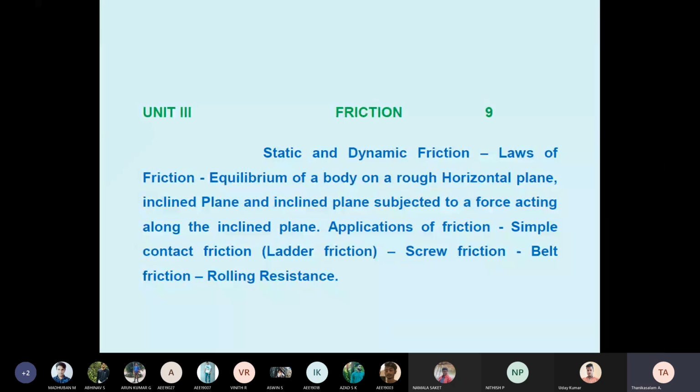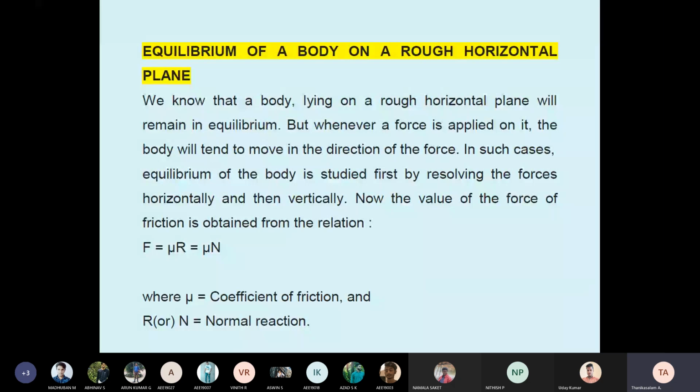Then we discussed the laws of friction, the law of static friction and the law of dynamic friction. Then we started the equilibrium of a body on a rough horizontal plane.